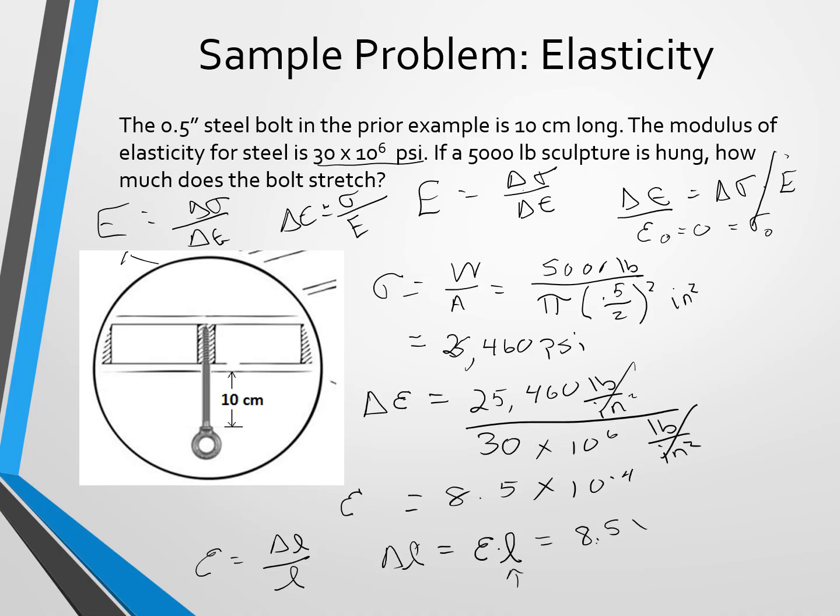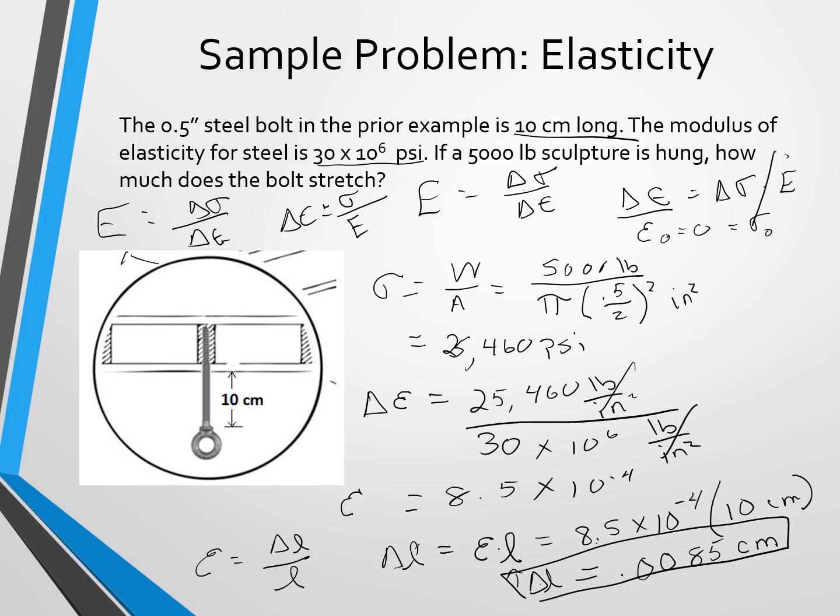So 8.5 times 10 to the negative 4 times my original length, which was 10 centimeters. And so the change in length will be 0.0085 centimeters. So that is how much the steel bolt will stretch when a 5,000-pound sculpture is hung.